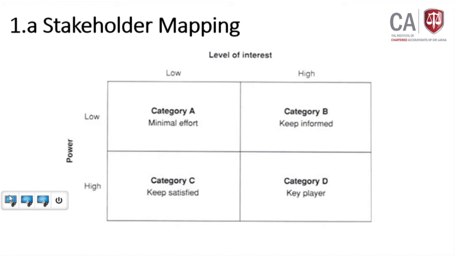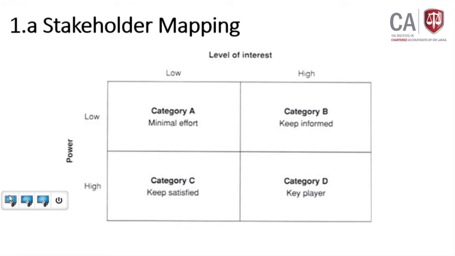Category C: level of interest is low, power is high. This group should be carefully managed. Why? We have to manage this group with care. At any time, they can increase their interest and move to category D and become a key player.